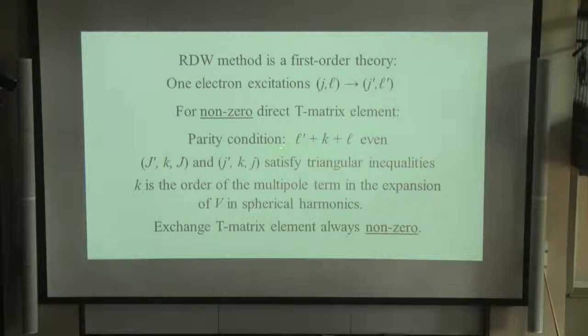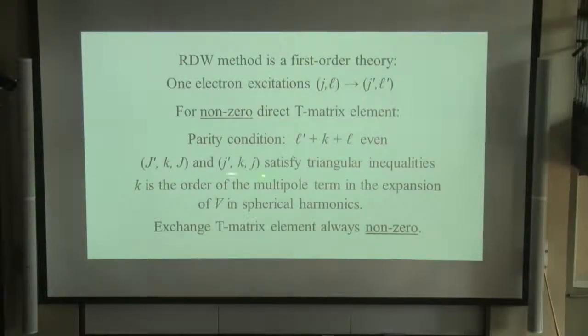And that's the same as is the case for non-relativistic ones. So that is, L prime plus K plus L must be even. L and L prime are defined up here. K is the order of the multipole term. In other words, if you expand the interaction potential into multipoles, then K tells you which multipole you've got.